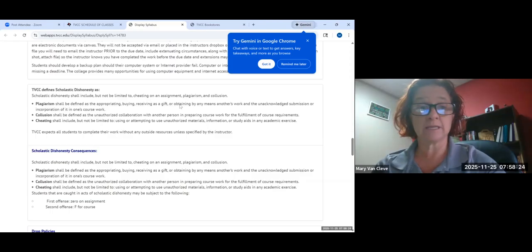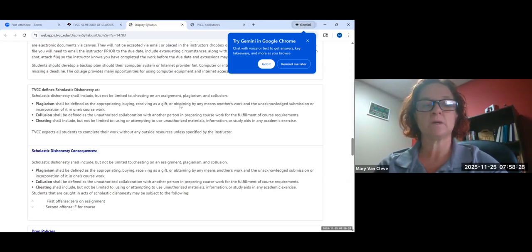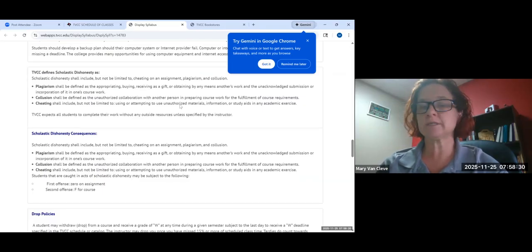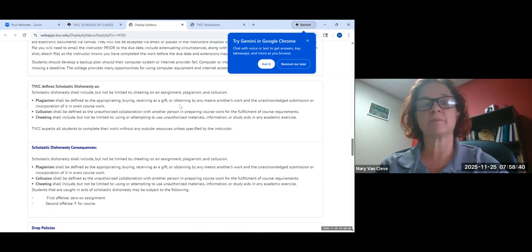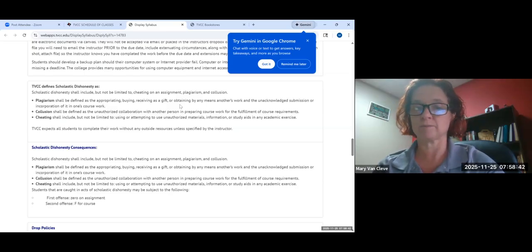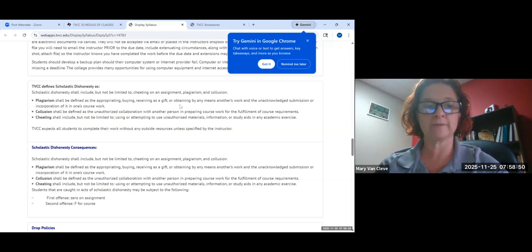Please follow our scholastic dishonesty guidelines. Plagiarism, collusion, and cheating are included in your scholastic dishonesty policy. Plagiarism is defined as appropriating, buying, receiving as a gift, or obtaining by any means another's work and the unacknowledged submission or incorporation of it in one's course work.